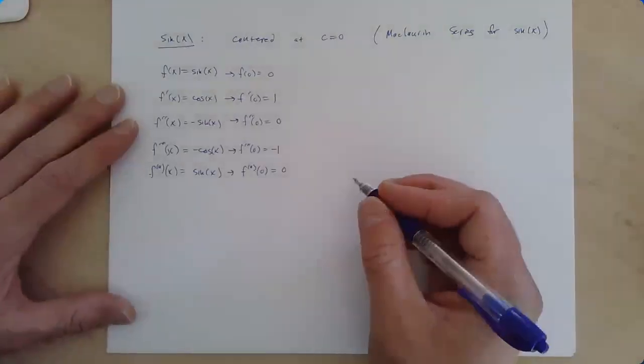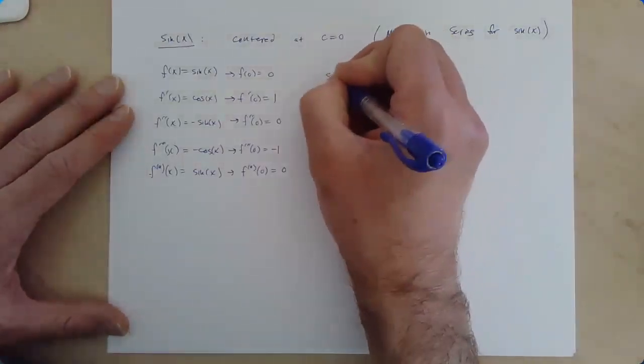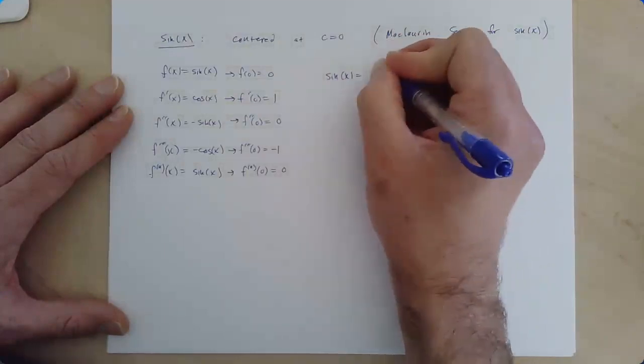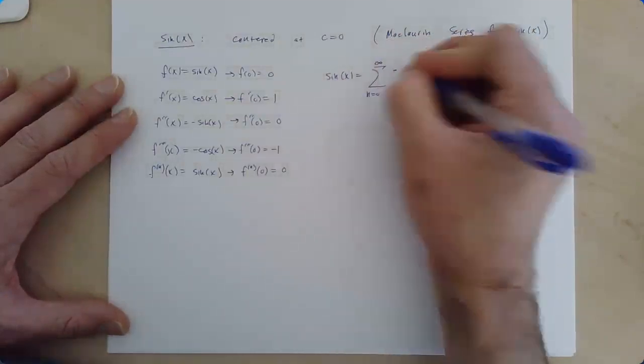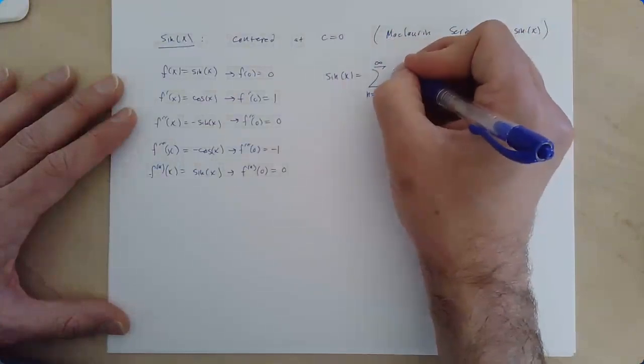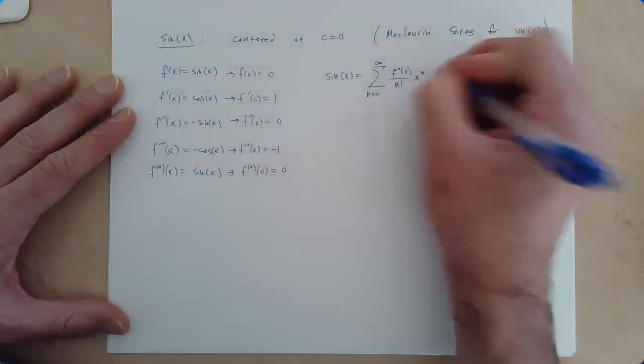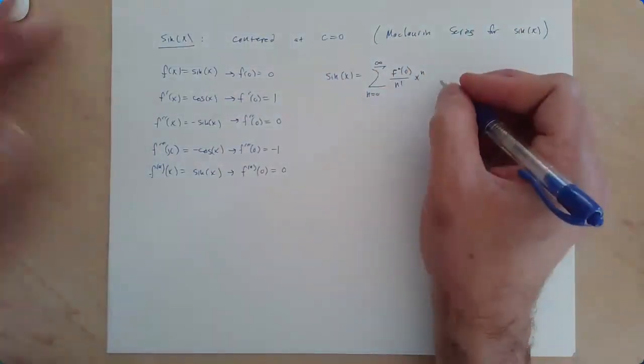So that means if I'm going to write out my Taylor polynomial for sine of x, which is going to be the sum from n equals 0 to infinity of my nth derivative at 0 over n factorial times x to the n, I'm just going to add some terms.